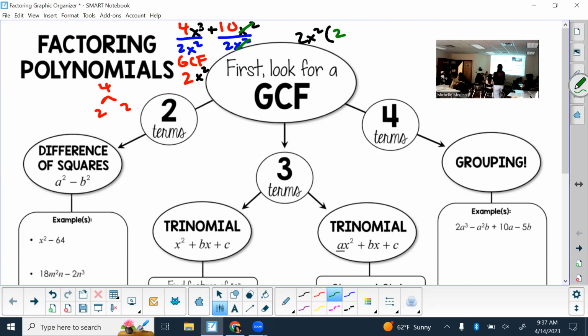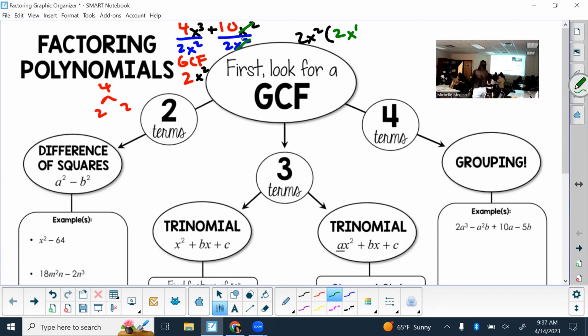So we don't remember our exponent rules. So if it's on top of each other, like a fraction, they have the same base, you subtract the exponent. So x cubed divided by x squared will give me this x. So 3 minus 2 is 1. Does that make sense? Okay. That's how you divide them.